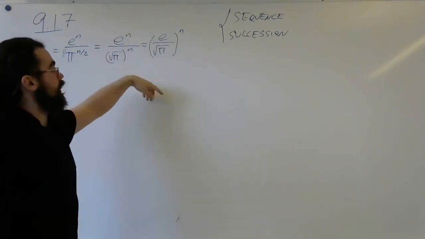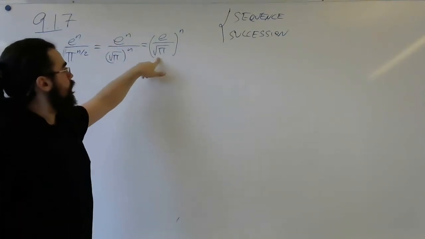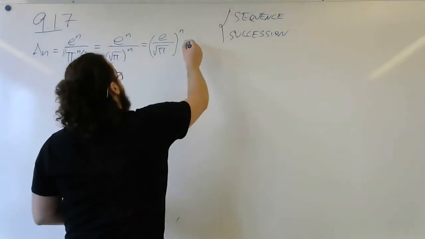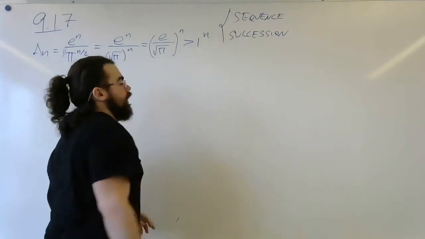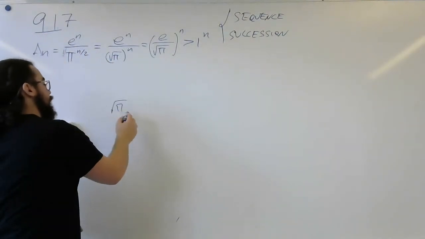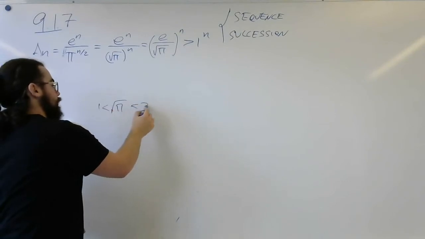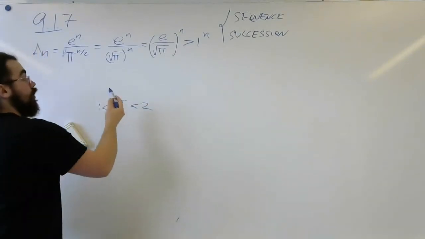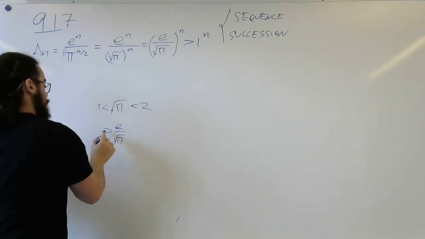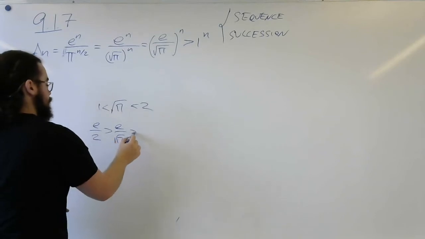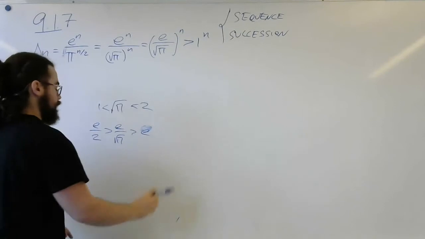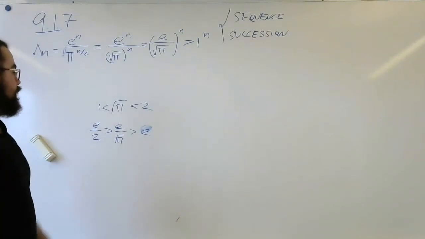And so by properties of powers, we have e over square root of pi to the power n, which I'm going to write like this because it's interesting. If you look at it, the square root of pi is somewhere between 1 and 2. So e over the square root of pi is between e halves and e.